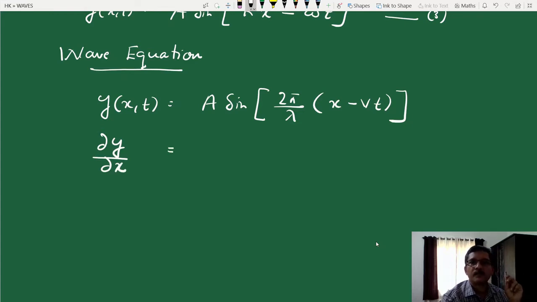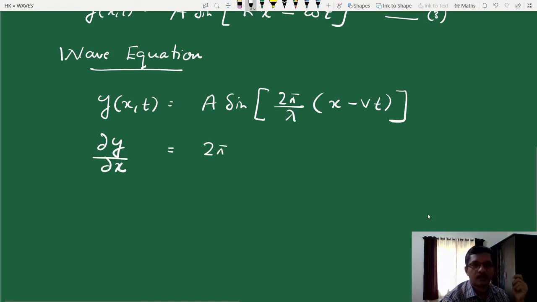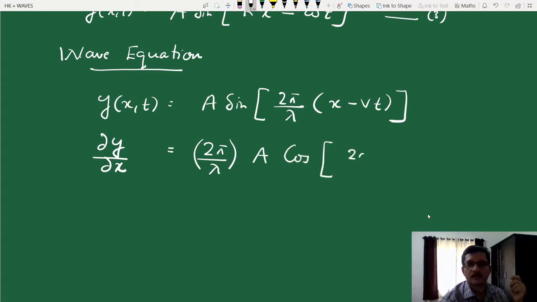So the first derivative in position, the sine function will become cos function, and the coefficient of x will come out. The coefficient of x is this 2 pi by lambda. So this 2 pi by lambda will come out. A is again a constant, and sine function will become cos function. Derivative of sine theta is cos theta.